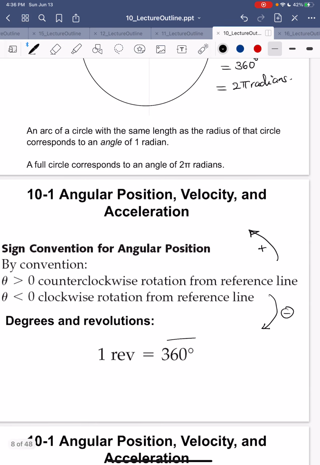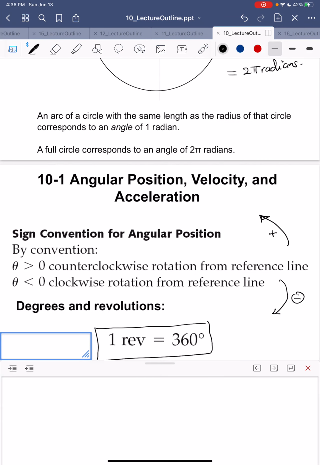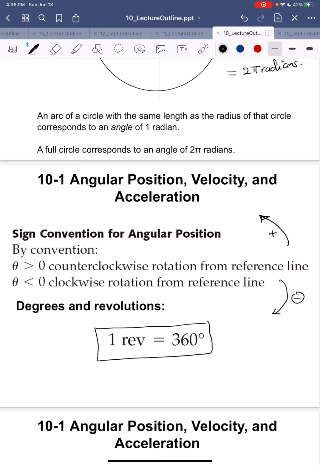In order for us to convert, this is something that we need to know: 1 revolution is 360 degrees and it is 2 pi radians, because these are very important when we need to convert.